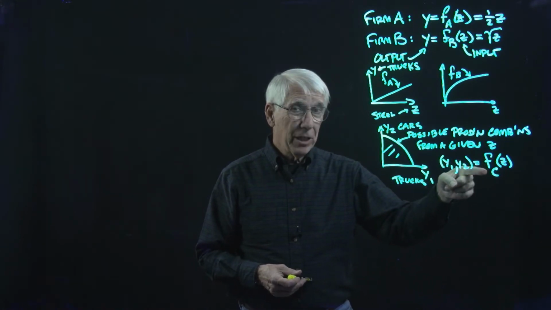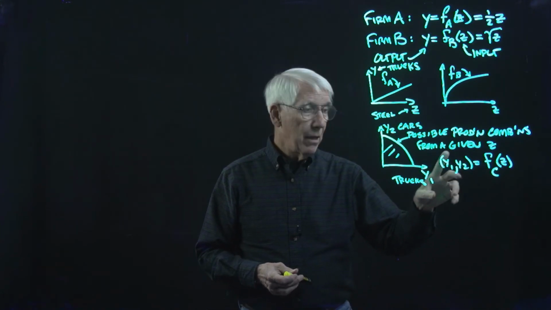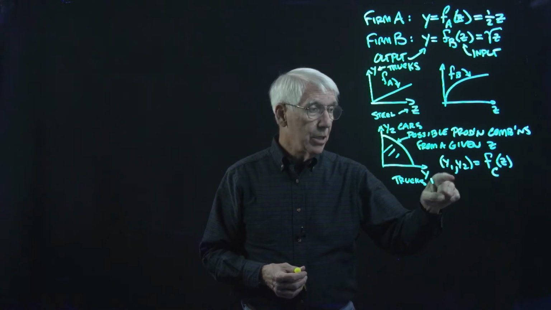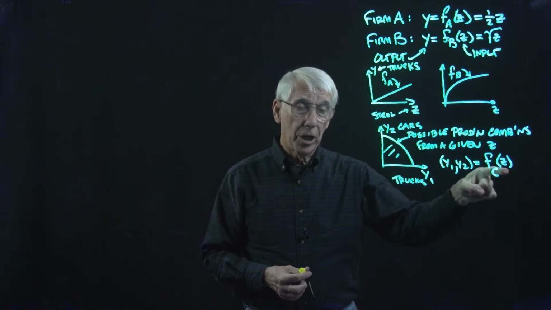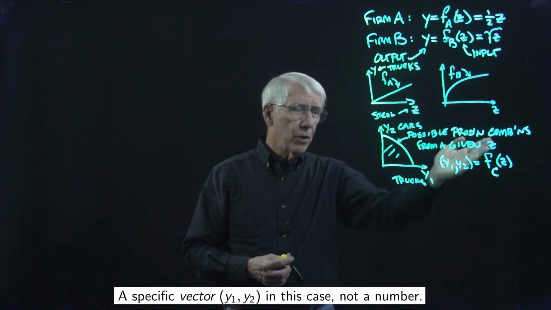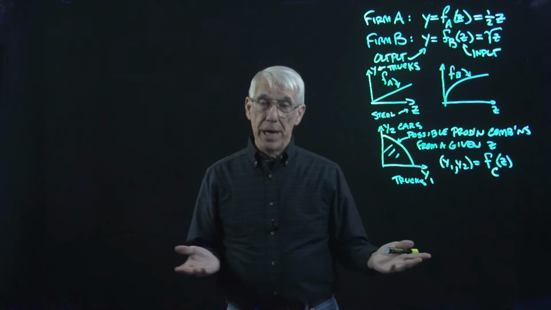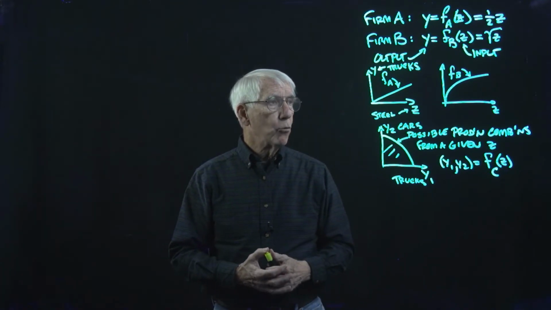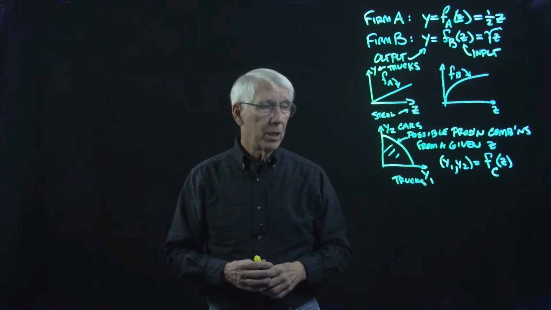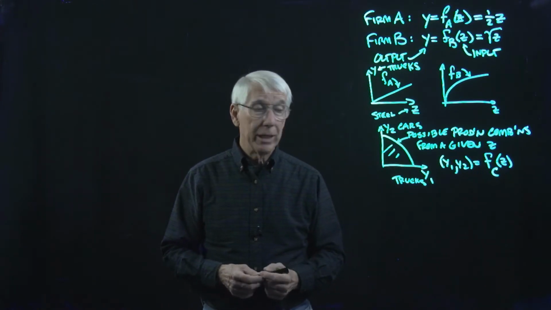So this isn't a function anymore, because a function assigns a specific amount, a specific number to any argument that we put into the function. So this wouldn't be a function. So the production function approach to describing firm's production might work fine if we only have one kind of output. But if we have more than one kind of output, production function approach really isn't going to work.